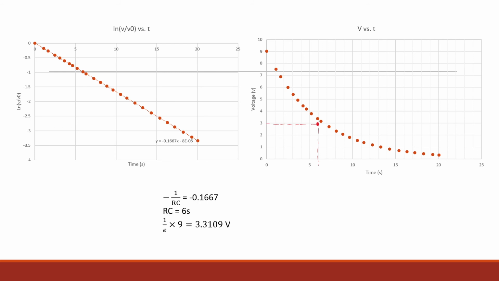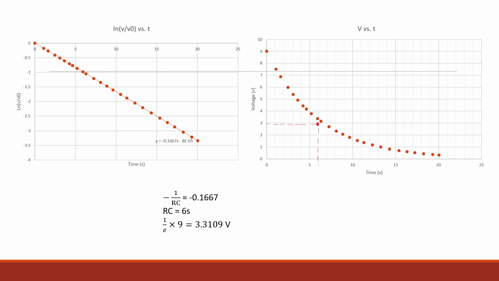Finally, I set up a circuit in the CCK with a 9V battery, a 200 mF capacitor, and a 30 ohm light bulb. I plotted 20 seconds worth of voltage versus time data on a ln of delta V over delta V naught versus t plot after setting the capacitor discharging.